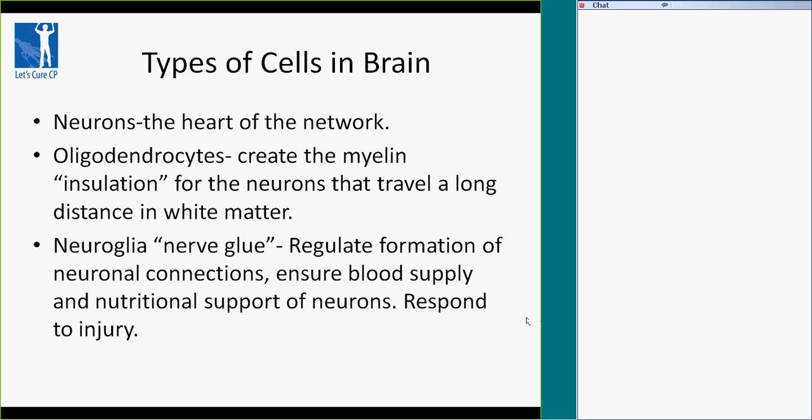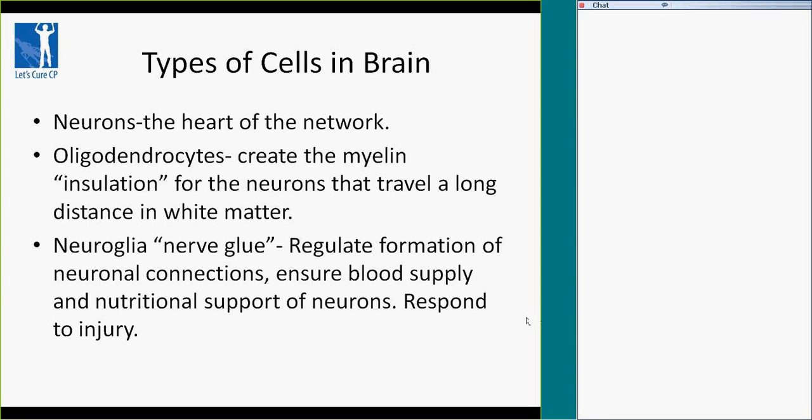The major cell types in the brain, there are similar cell types in the spinal cord and in the PNS, but the names are a little bit different. But specifically in the brain, we have neurons, and neurons are really the heart of the network. The way the neurons are connected to each other is the way the brain works. Supporting that, we've got the oligodendrocytes.